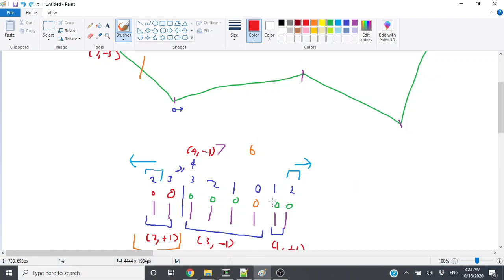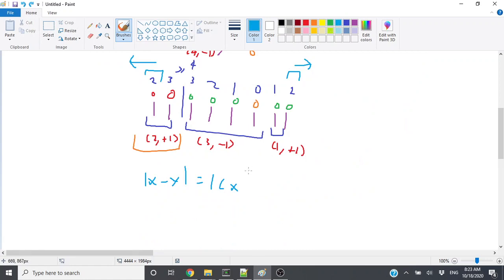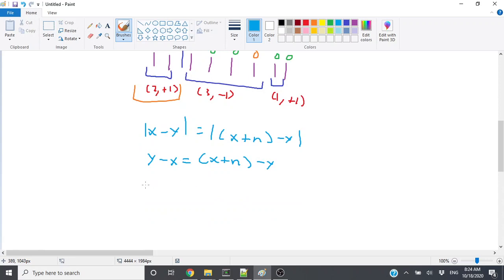So it would be x plus n minus y. We can drop the absolutes because we know for this to be possible, y has to be greater than x. So therefore this is y minus x is equal to x plus n minus y. So this is 2y equals 2x plus n.